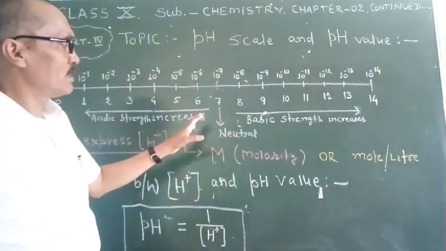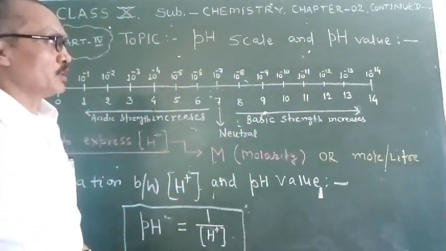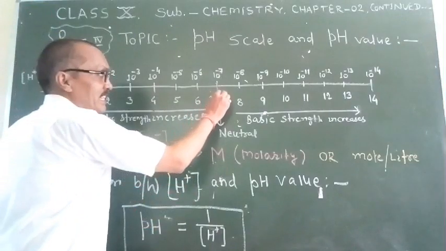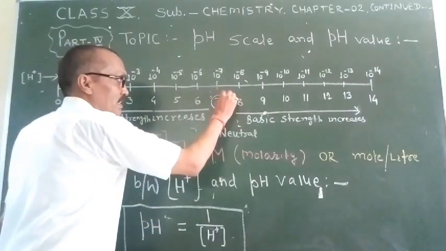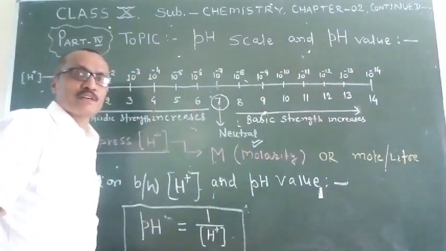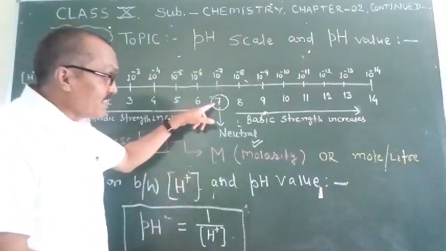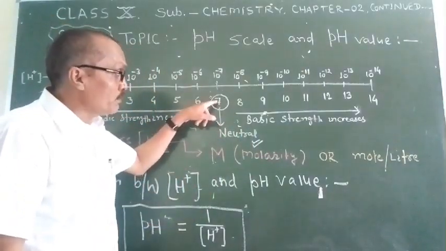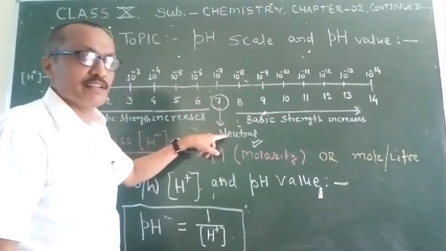Students, the solution which pH is 7 is said to be neutral solution. And you can see here the solution which pH is 7.